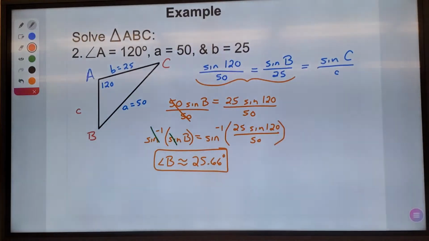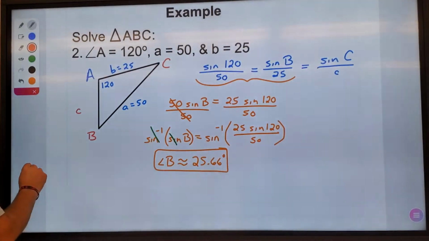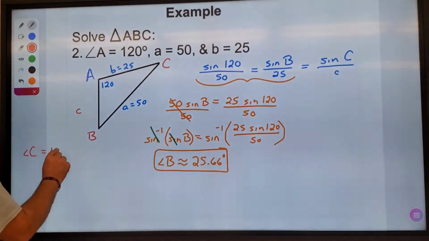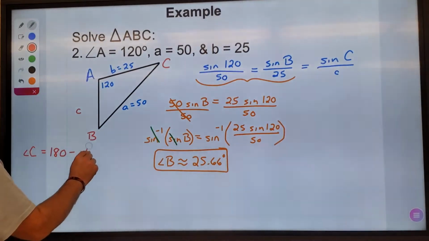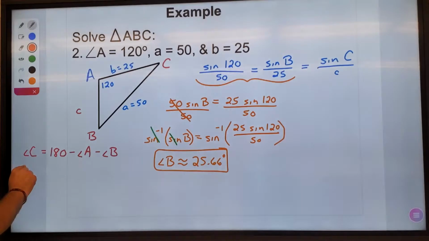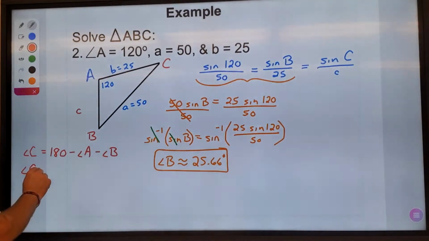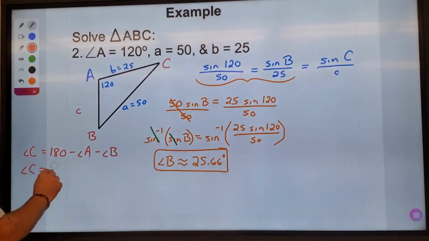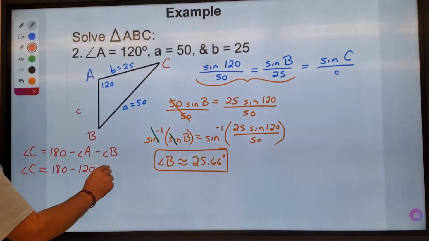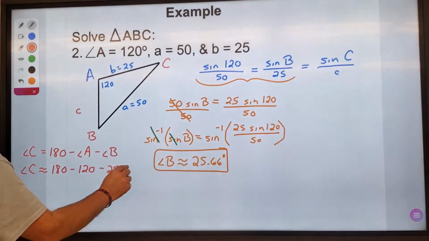From here, since we have two angles, you're going to find angle C. Let's do it down here in the bottom left-hand corner. Angle C is equal to 180 minus angle A minus angle B. So angle C is now approximately 180 minus the 120 minus the 25.66.